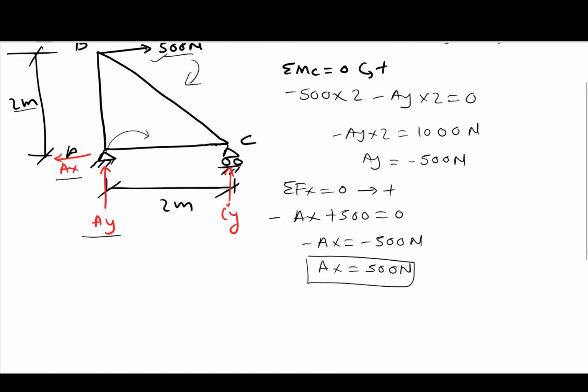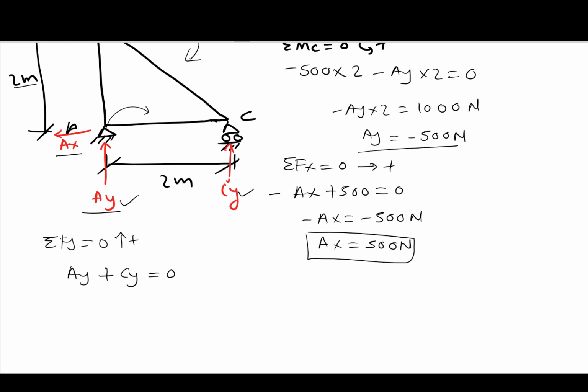Now last one, sum of the force in Y, upward is positive, so AY is going up, CY is going up. Substituting AY equal to minus 500 that we just found, CY equal to 500 Newton. So we just found the 3 reaction forces.